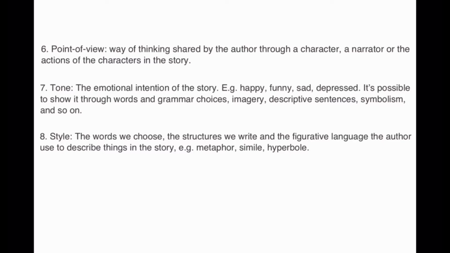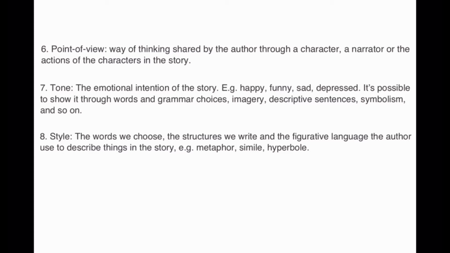Then we got the style. The style is the words that we choose, the structure we write, and the figurative language the author uses to describe things in the story. For example, we got the metaphor, the simile, and the hyperbole. So in this part, the style is particularly the words we use and the structures that we form with those words in order to share some ideas.